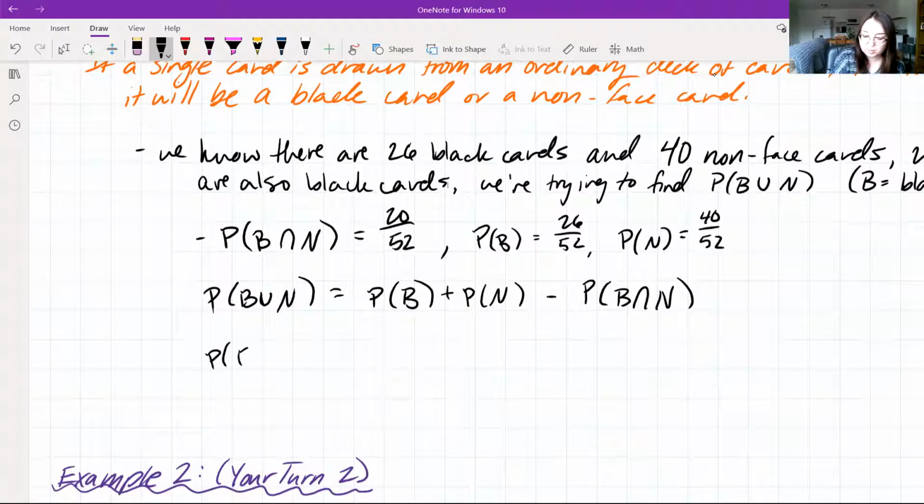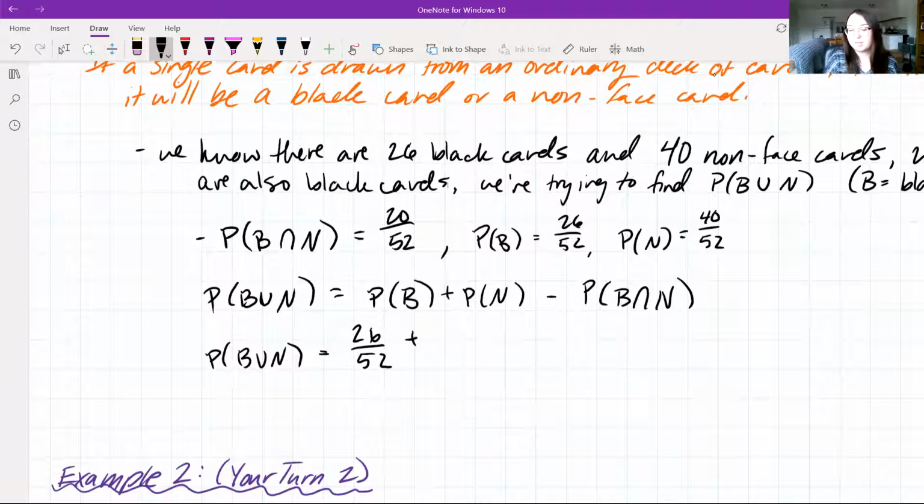The probability of B union N is equal to the probability of B, which is 26 divided by 52, plus the probability of N, which is 40 divided by 52, minus the probability of B intersect N, which we know is 20 divided by 52.